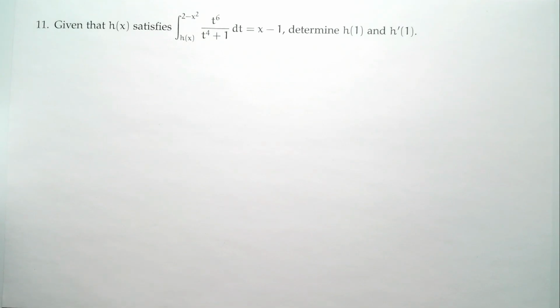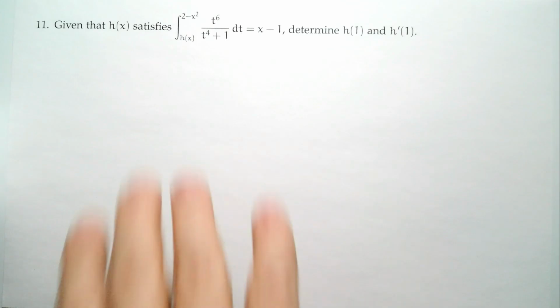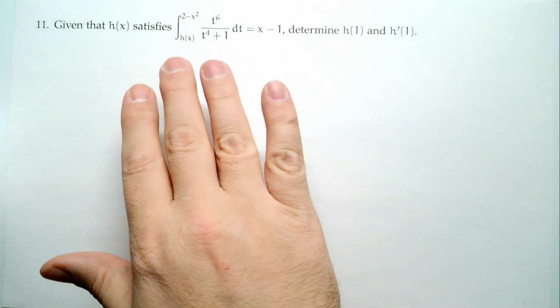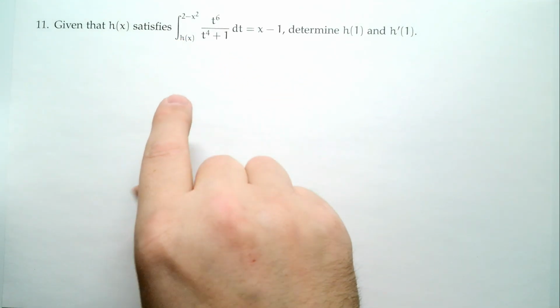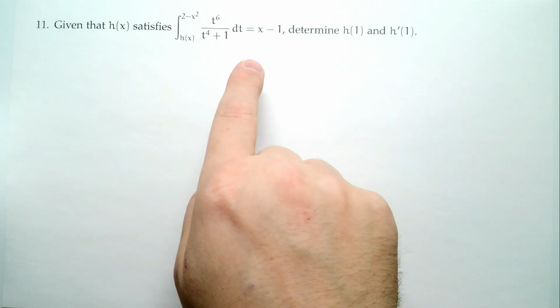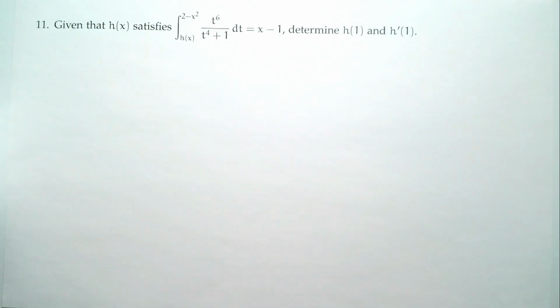All right, so what are we going to do though? Because we've got to find h of 1 and h prime of 1. Now, what do we know? Well, we have this relationship, so let's use it. Let's just plug in 1 and see what happens. Let's do the easy side.